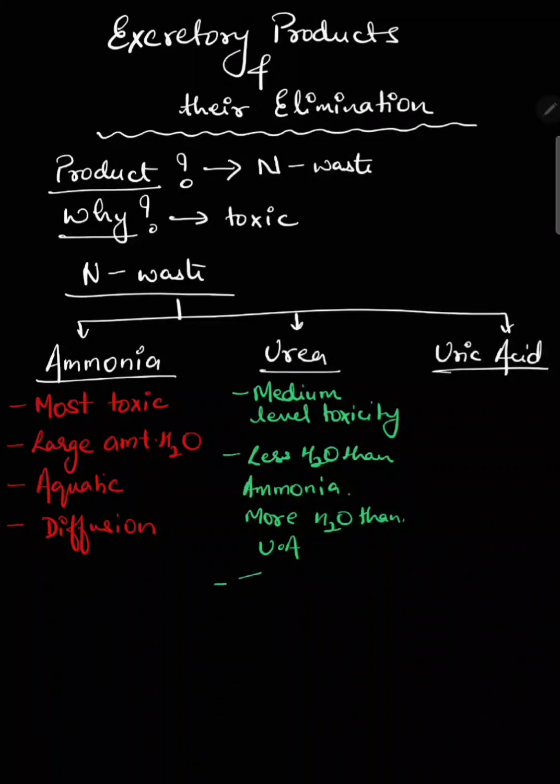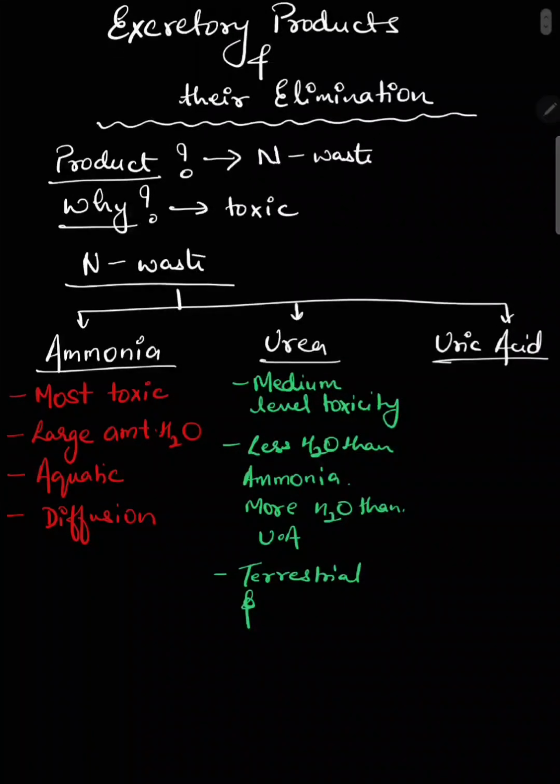So all the terrestrial organisms and all the marine organisms, because marine organisms have salt water around them and do not have fresh water, will excrete urea. It is less toxic than ammonia.